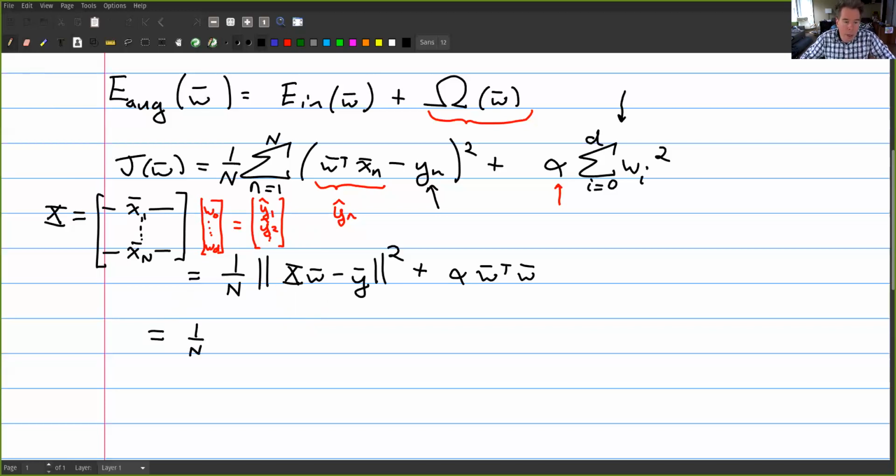So this is the same thing as 1 over n times W transpose X transpose minus Y transpose times XW minus y. And then we're just carrying this along for now.